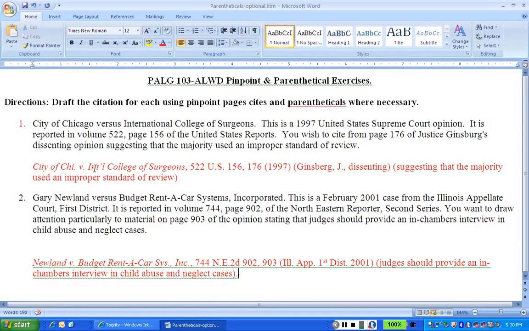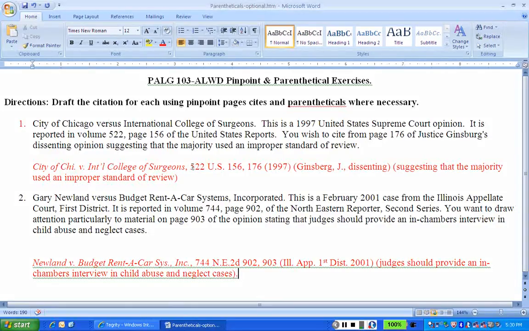It could be INT apostrophe L or just L. Either way is fine, but the fourth edition allows for two ways to abbreviate international. So we know that your case name should either be italicized or underlined. It's just my personal preference. I like italics. And here is the citation.